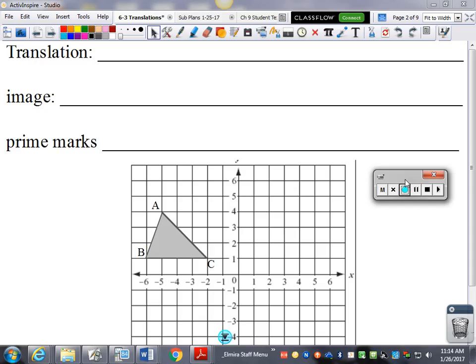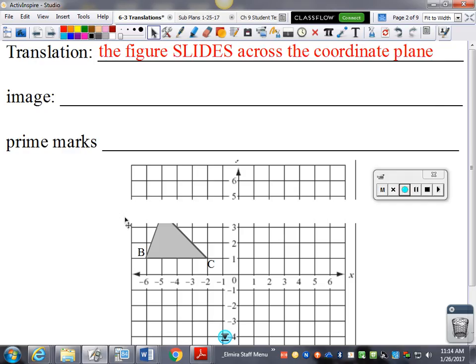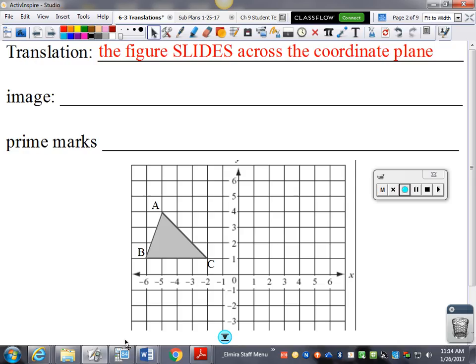A translation is where the figure we're talking about slides across the coordinate plane. If you see this triangle right here, I would be sliding it right or left, up and down. That's what we're talking about. That's a translation.